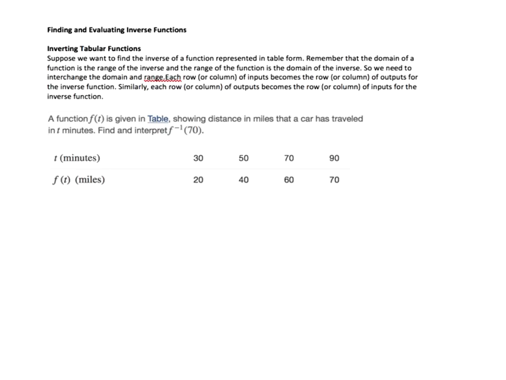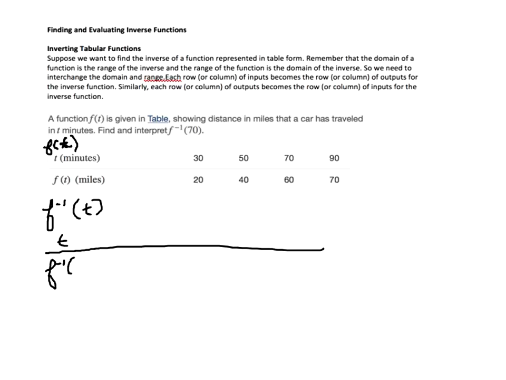So we are given f of t here. This is the table for f of t. And now I want to create the table for f inverse of t. So I still have t, and now I'm going to have f inverse of t.